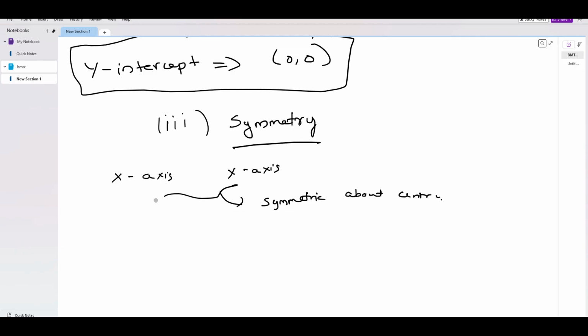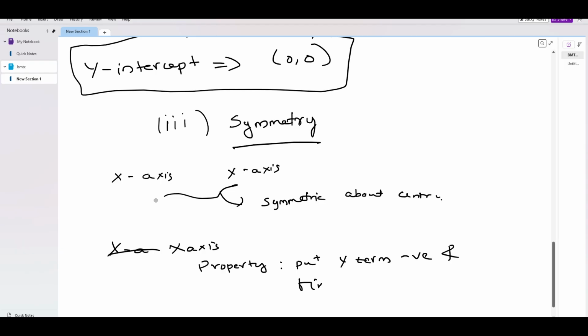For the x-axis, the property is put y term negative and if the solution is same.